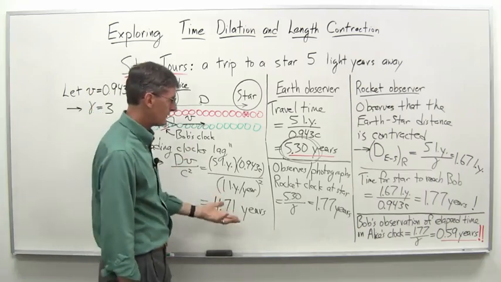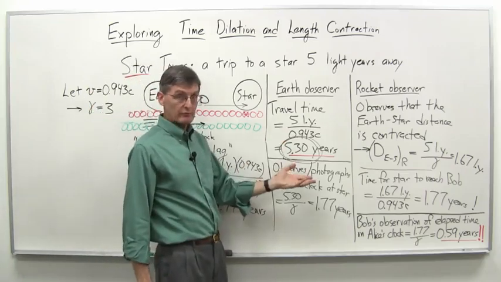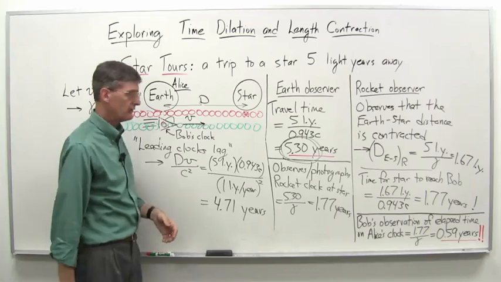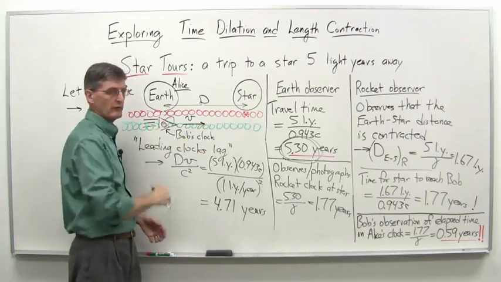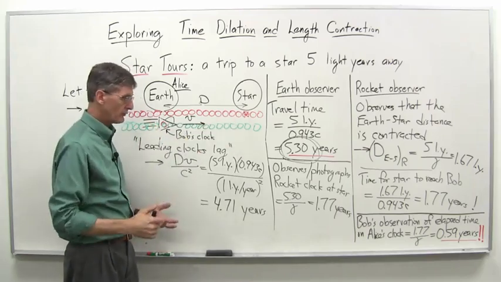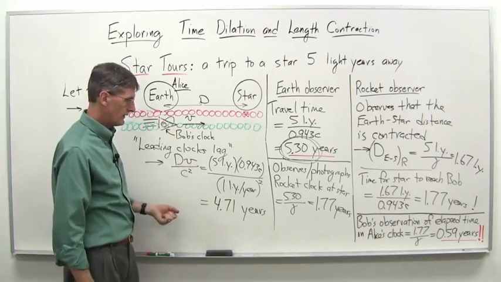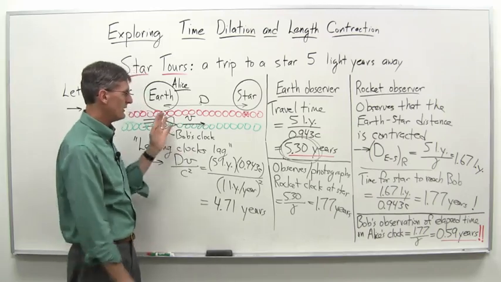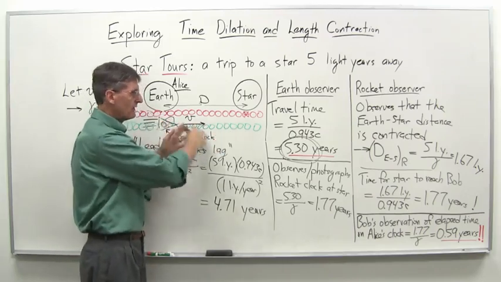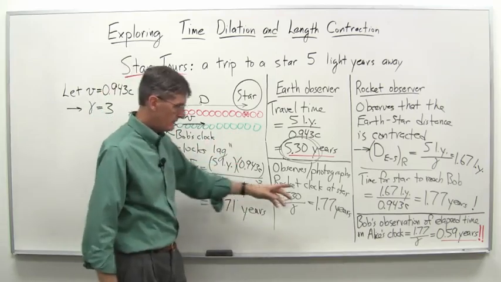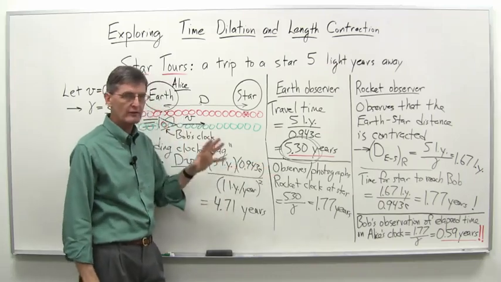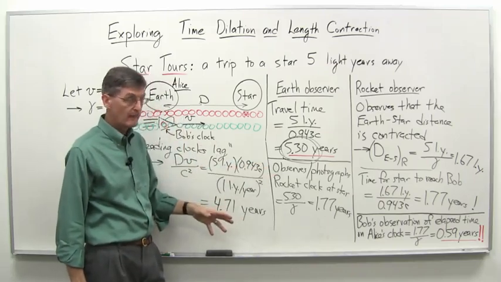And then the final thing that Bob has to explain is, how does Alice read this 5.3 years on the star clock when it reaches Bob, and they take the photograph? And the answer is, from Bob's perspective again, that he sees Alice's clocks time dilated: if his clocks tick off 1.77 years, he sees her clocks tick off 0.59 years.